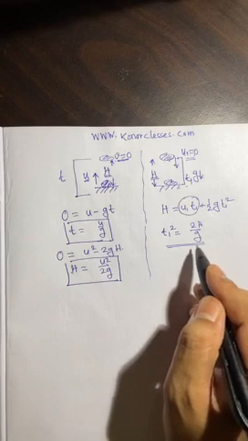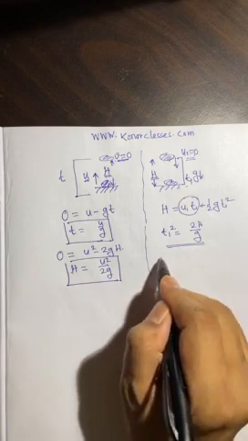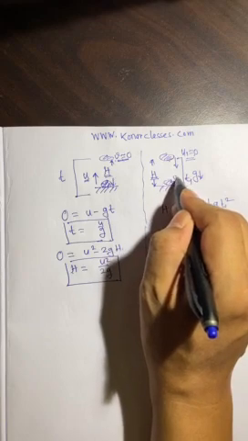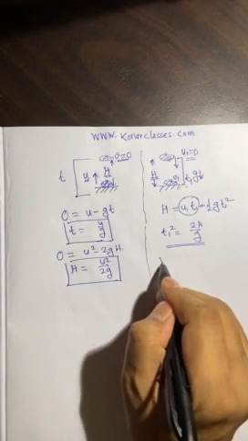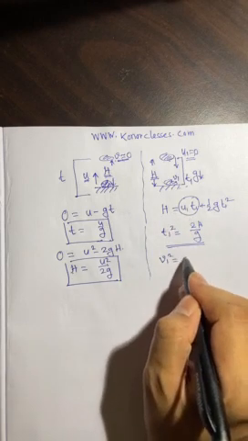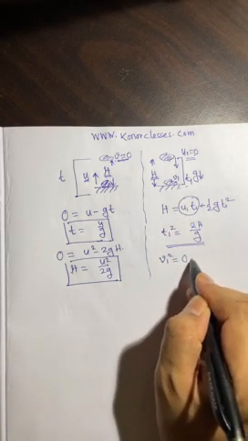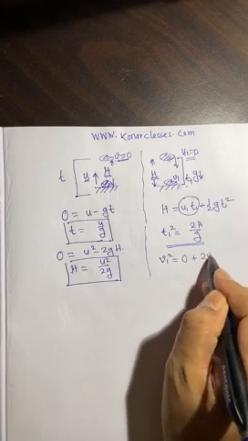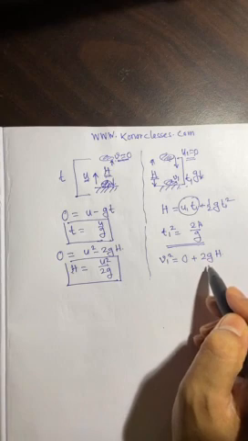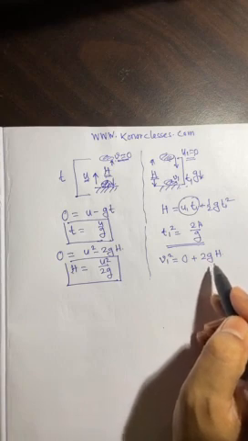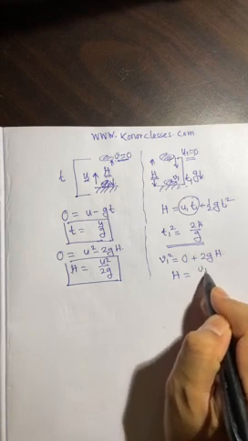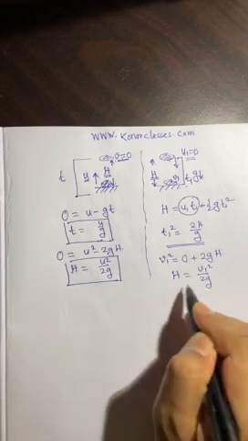Now another situation we consider: let's say when it reaches the ground, it attains the velocity v1. So v1 square equals u1 square, which is 0, plus 2gh. All the time it covers the same height. Now here we get h equal to v1 square by 2g.